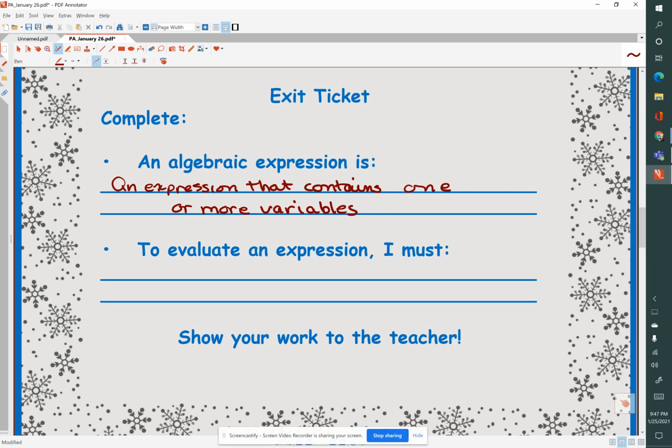To evaluate an expression, I must substitute the variables with their given values, and then I follow the order of operations.